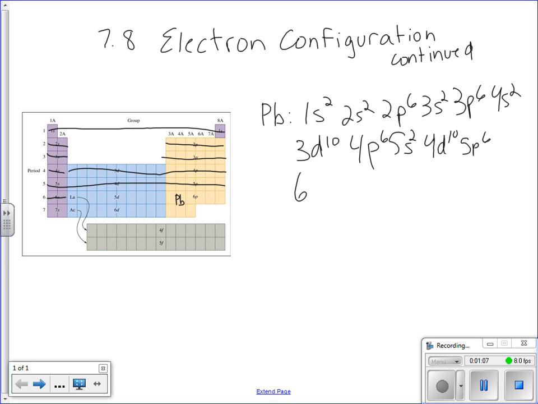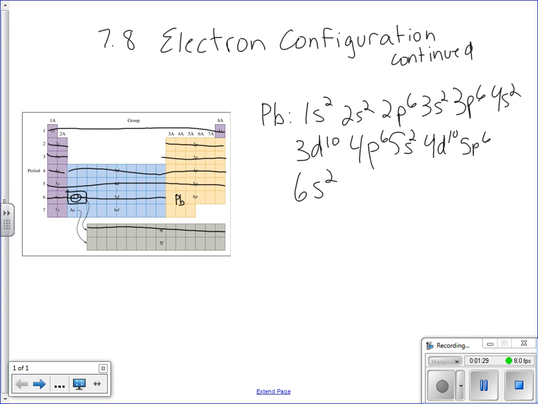6s2 is straightforward. And when I go across this right here and I keep going all the way across, that means I've also got to include my 4f's. If you look at your periodic table, you will notice that in the atomic numbers right here, it skips 14 by 14.